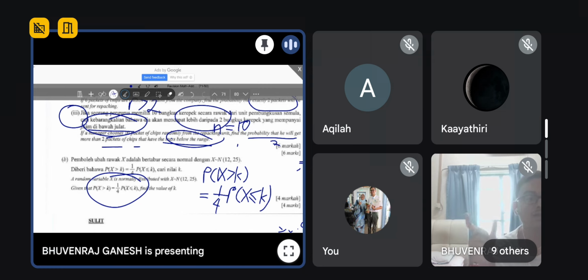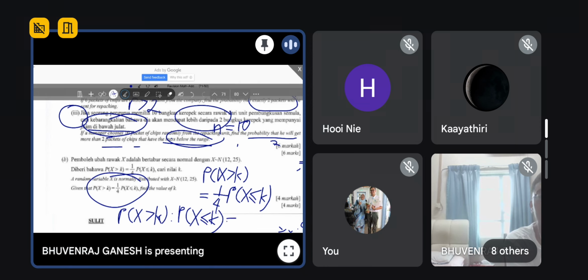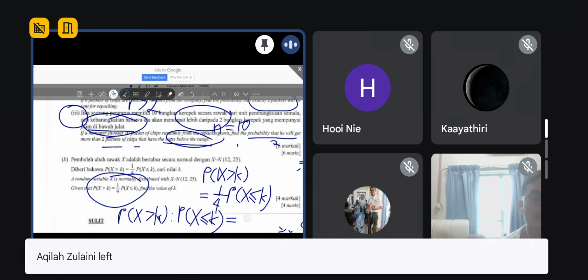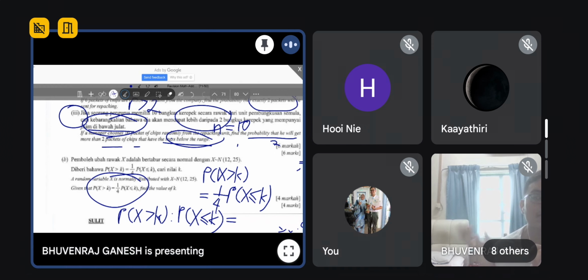Kalau saya tanya kamu, apakah nisbah? What is the ratio of these two? Cuba jawab kat saya. Apakah nisbah dua-dua ni berdasarkan persamaan yang diberi? What is the ratio? This one you can answer without having to know normal distribution also. Konsep nisbah yang basic.